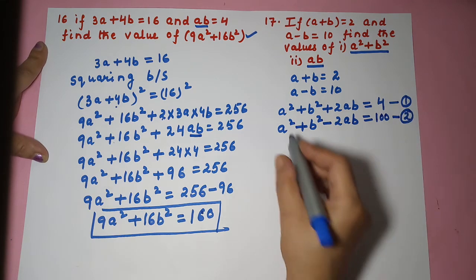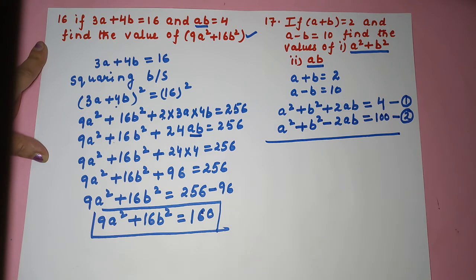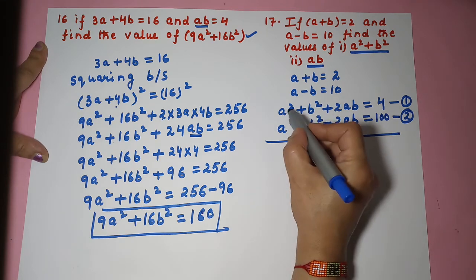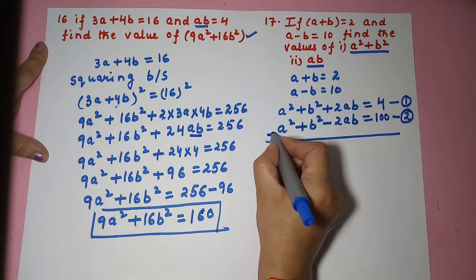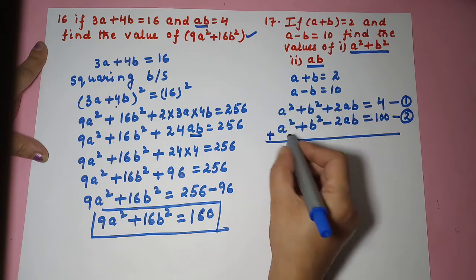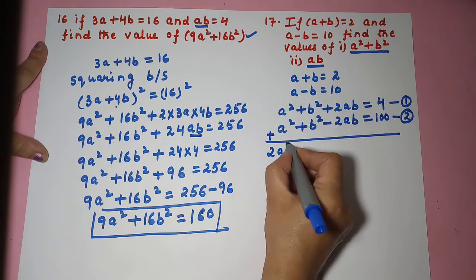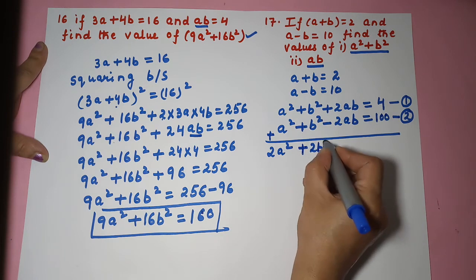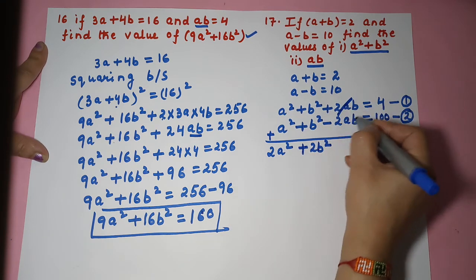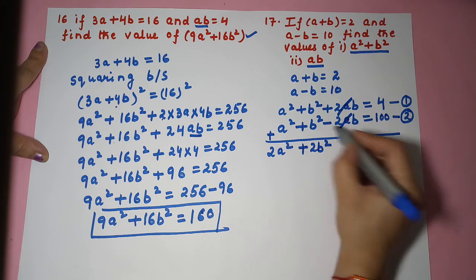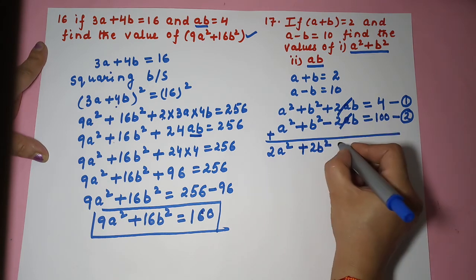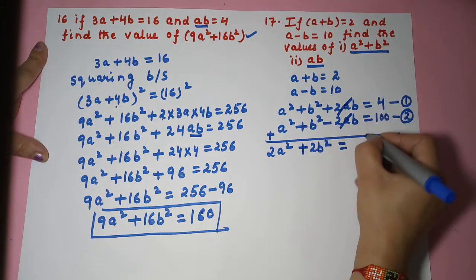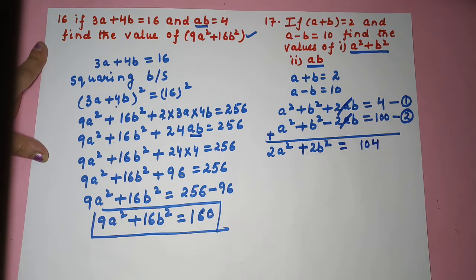Now what I will do is, I will add these two equations. So what will I get? a square plus a square. If I am adding these two equations, I will get 2a square. And if I add these two, I will get plus 2b square. But I will get rid of this because this is plus 2ab and this is minus 2ab. And this side, if I add these two, I will get 104.